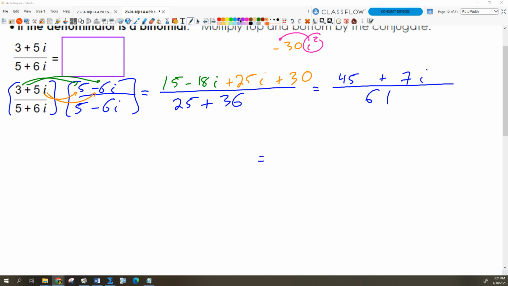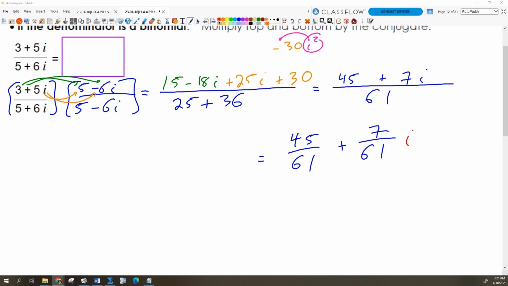So we're going to separate this into 45 61ths, plus 7 over 61 times i. People would typically say 61sts, but you can say 61st. That's fine.